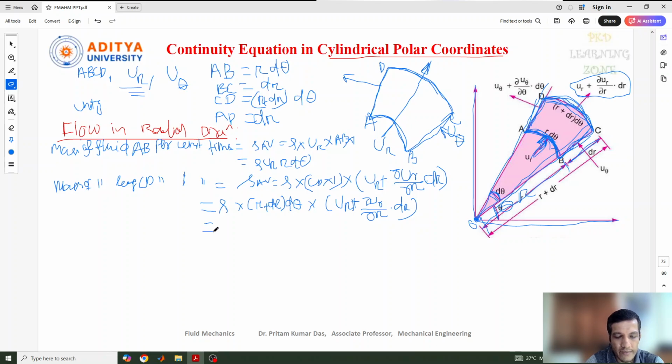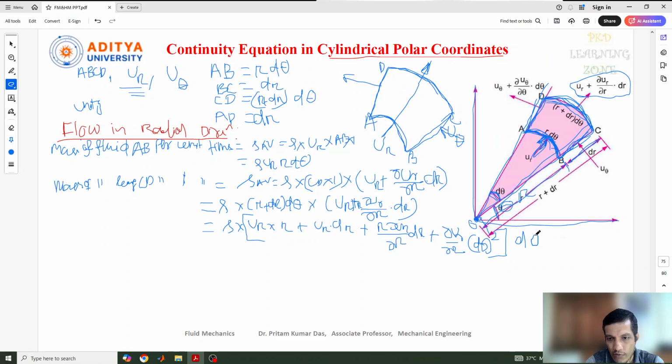Now, to resolve this total equation, we write rho into the bracket: ur into r, plus ur into dr, plus r del ur by del r into dr, plus del ur by del r into dr square, whole bracket of d theta.